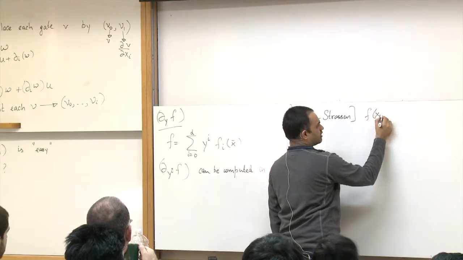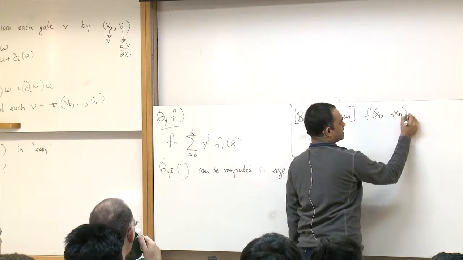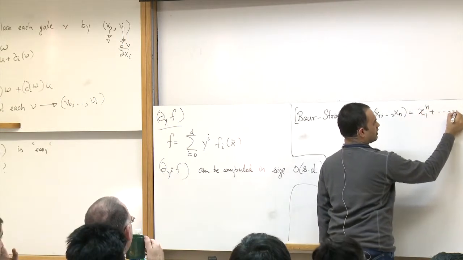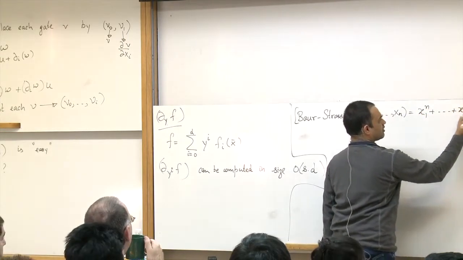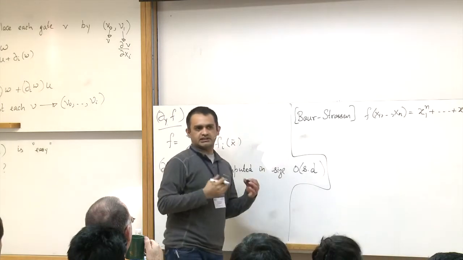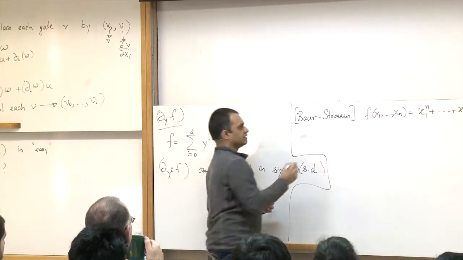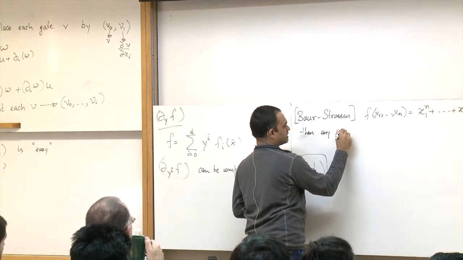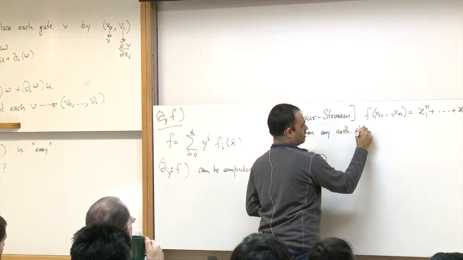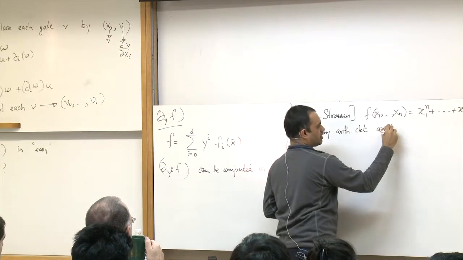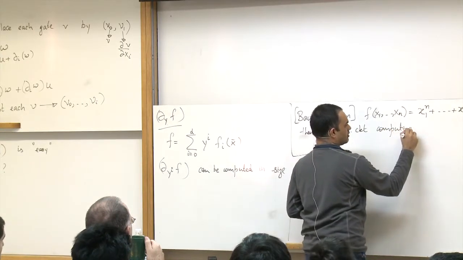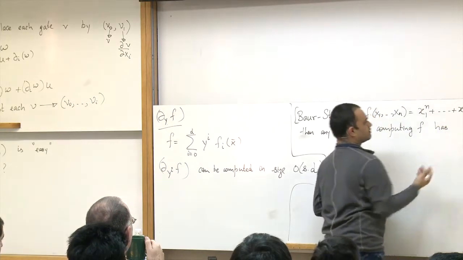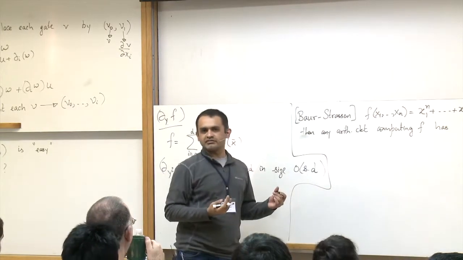If f of x1 through xn equals this really silly polynomial, just the sum of the nth powers of xi's, then any arithmetic circuit computing f has, okay, what is the best circuit that computes f?